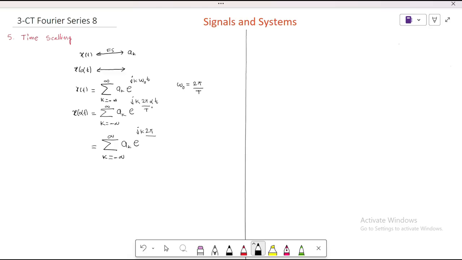Now I'm applying this alpha to the t, so we can write it as T by alpha, times t. So the time period is divided by alpha. That is the new time period, T dash equals T by alpha. So the new frequency is omega naught dash.